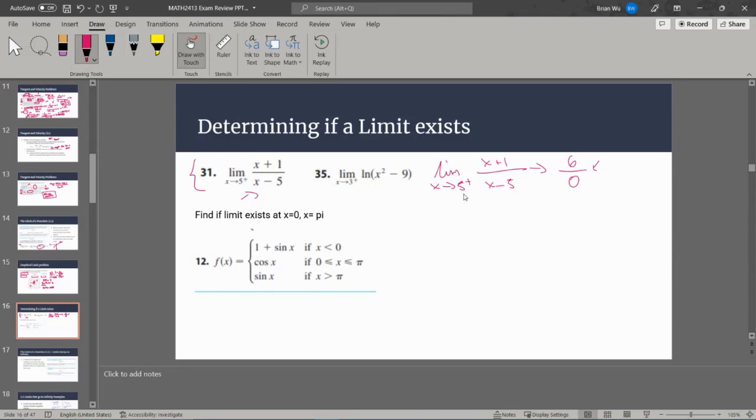But because we have a one-sided limit, we still need to try to find what number it approaches from the right side. So for this, you can try to find some value that's really close from the right side of this number. So let's try just 5.001 and try to see where it approaches that way.